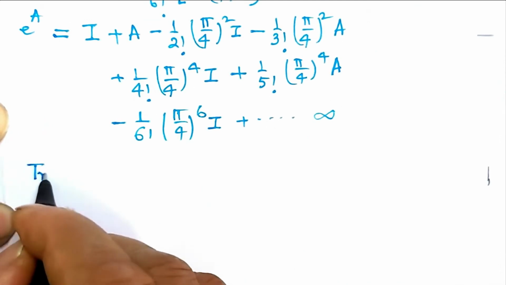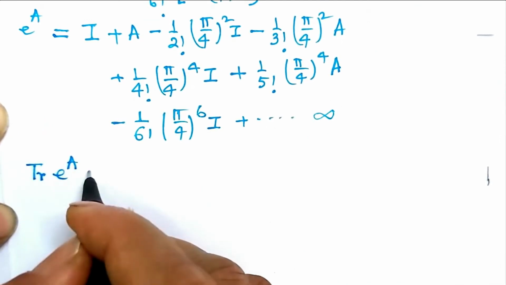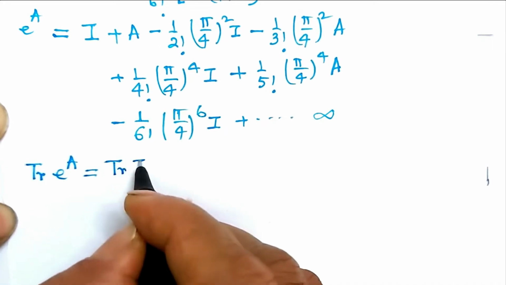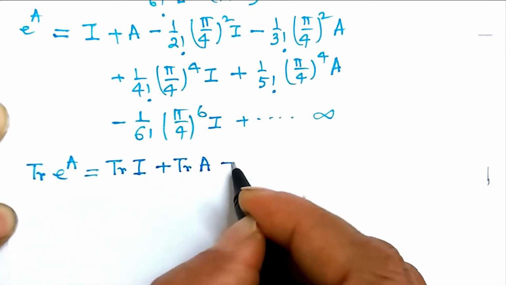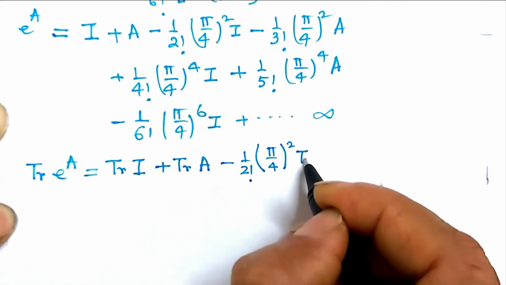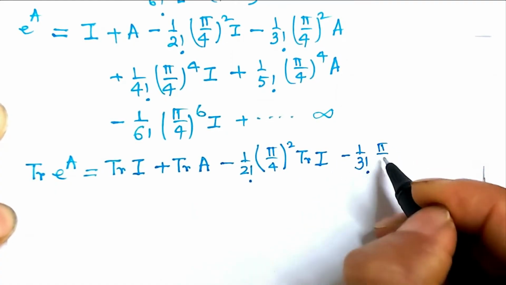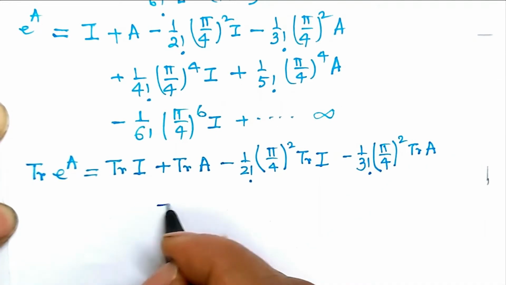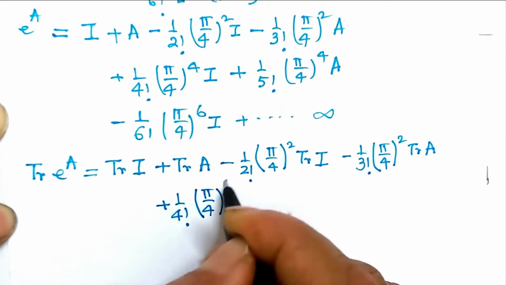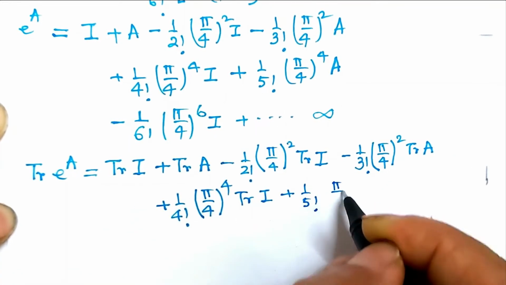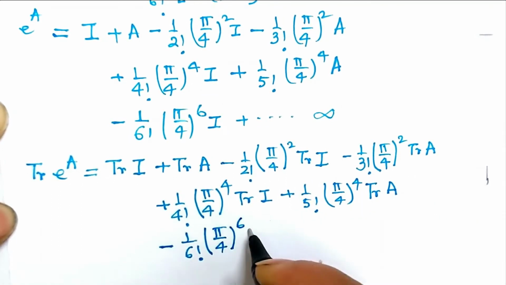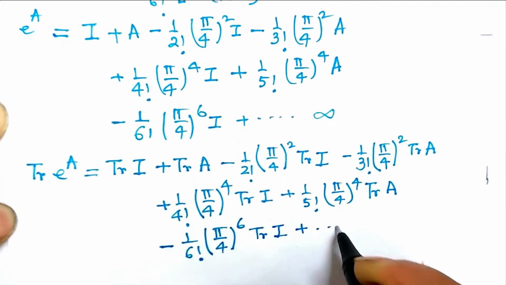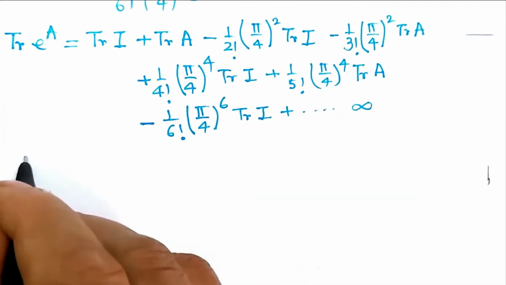Now let us find the trace of e to the power a. First term is trace of I, second is trace of a, third term involves trace of I, fourth term involves trace of a, fifth term contains trace of I, sixth term has trace of a, while the seventh term involves trace of I, and so on up to infinity.